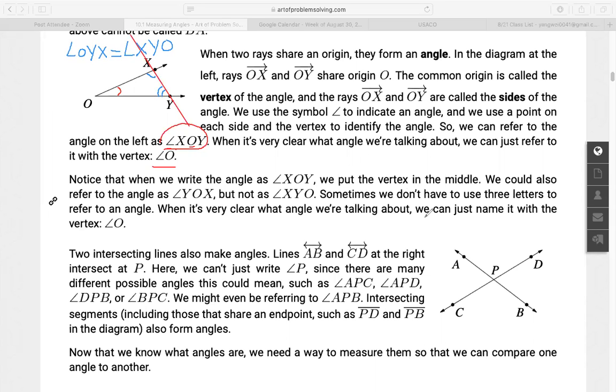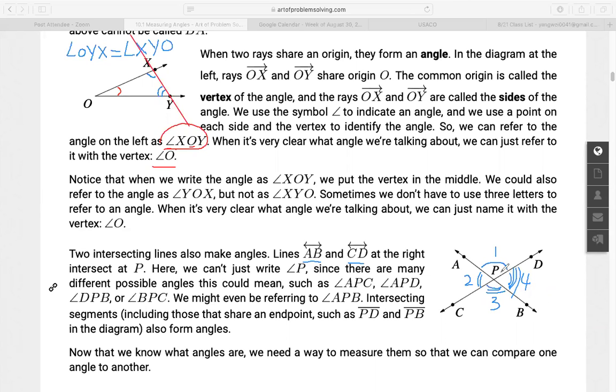Then if we have two lines, suppose here AB and CD, intersect at a point P, then we form four angles, right? Here this angle APD is angle 1, this one is angle 2, this is APC, angle 3 is CPB, and this angle is angle 4, that's DPB.